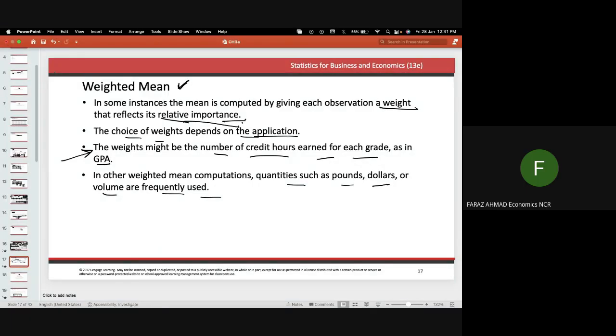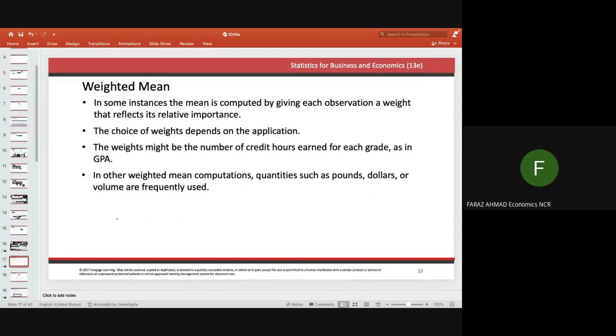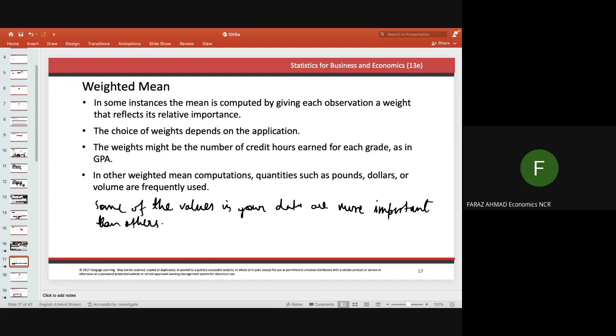So the basic idea is that sometimes some of the values in your data are more important than others, right?